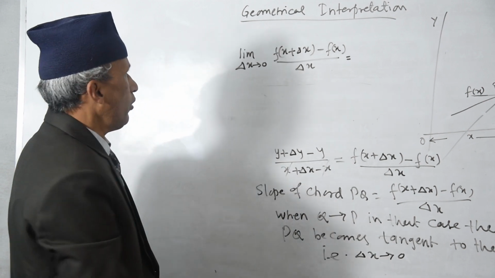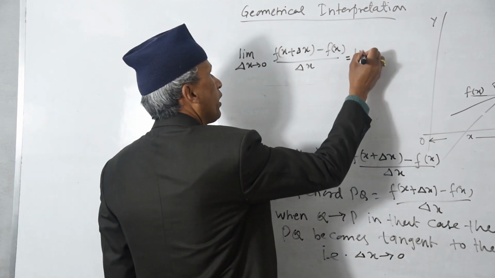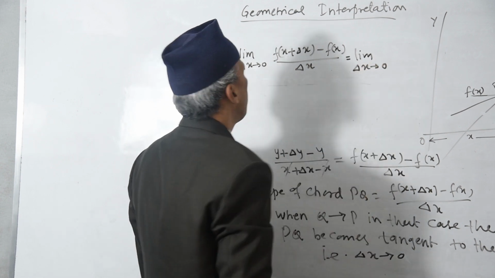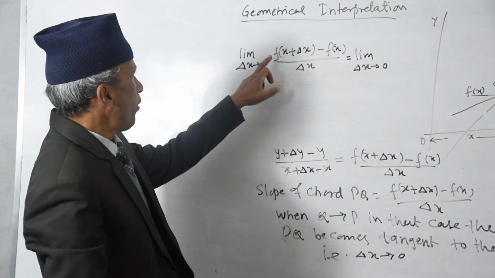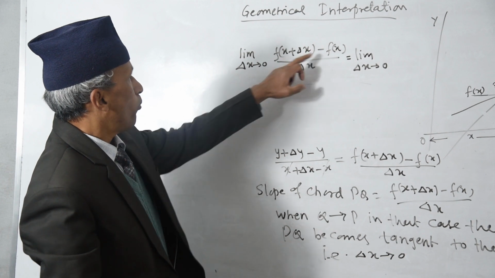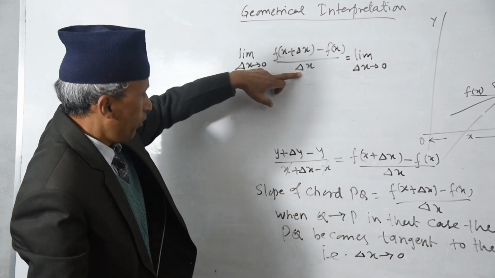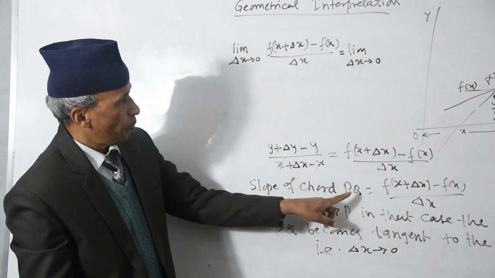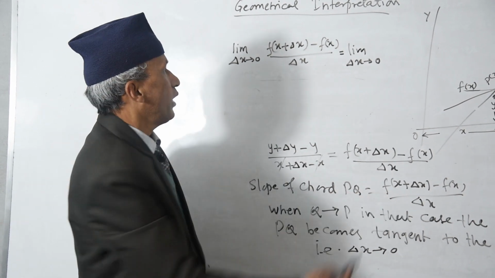This is equal to limit delta x tends to 0, f of x plus delta x minus f of x upon delta x. What is this value? It was slope. Slope of chord PQ is this quantity.